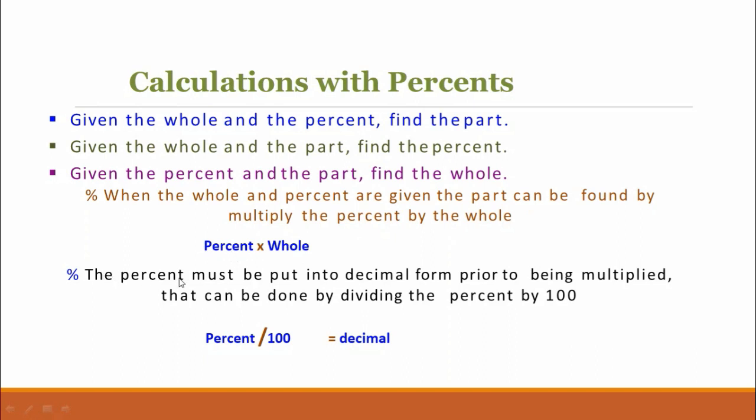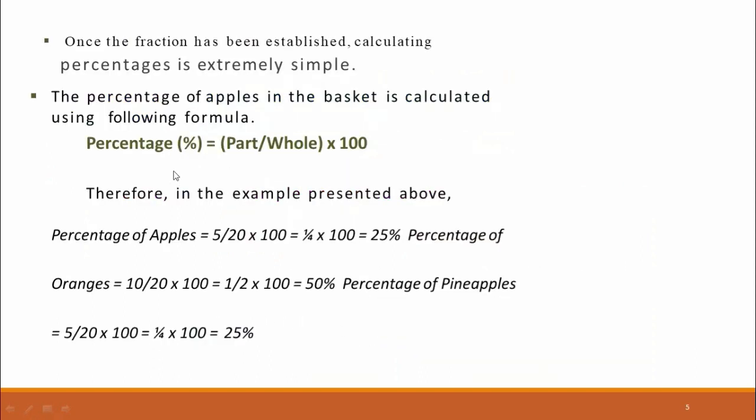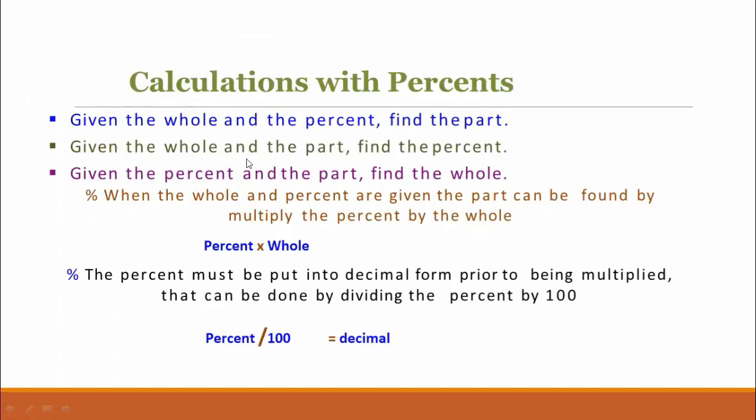And the percent must be put into decimal form prior to being multiplied, and that can be done by dividing the percent by 100. Percent divided by 100 is equal to the decimal. So dear students, note that through this formula, when percent and part are given, we can find the whole, and when percent and whole are given, we can find the part.